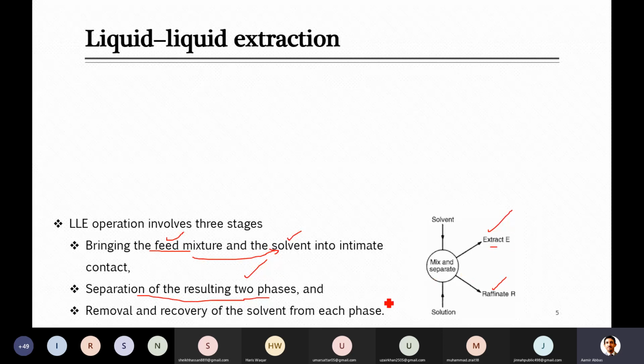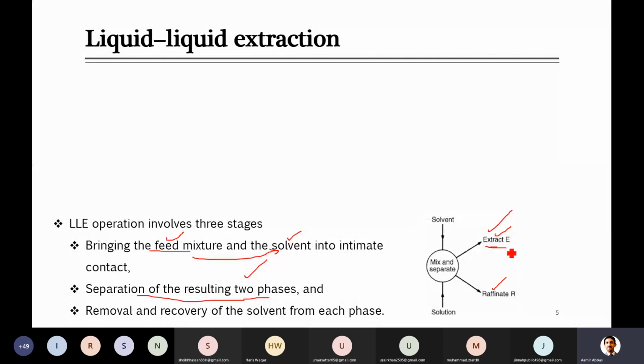Now the extract phase is that phase which is majorly solvent and contains something extracted from your feed. You can remember it this way: it contains some components of the feed extracted towards it.